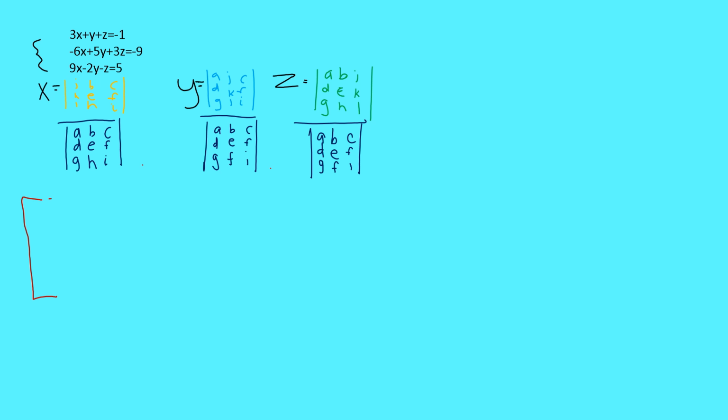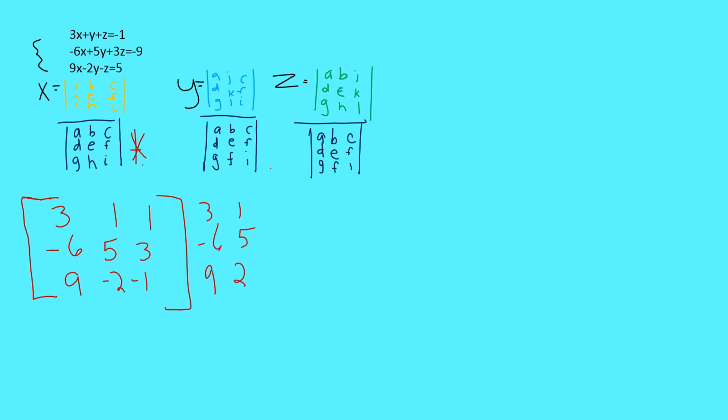So first, we will have to find our coefficient matrix, which is going to be 3, 1, 1, -6, 5, 3, 9, -2, -1. And whenever we find our determinant of this matrix, we are going to get -9. We followed this process before to get the determinant, so we should be good with that.